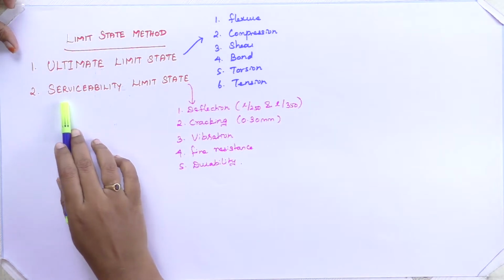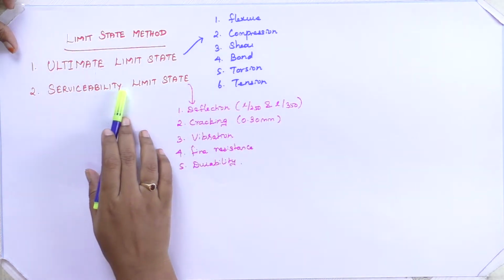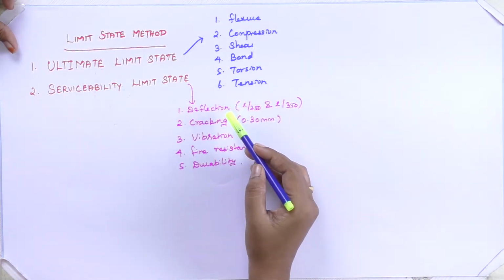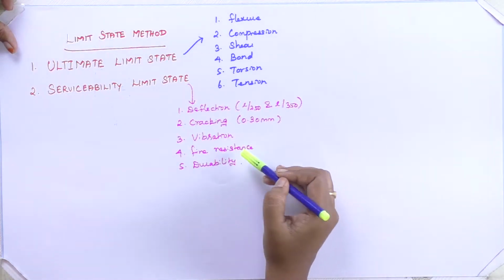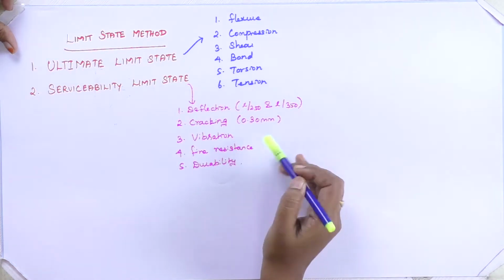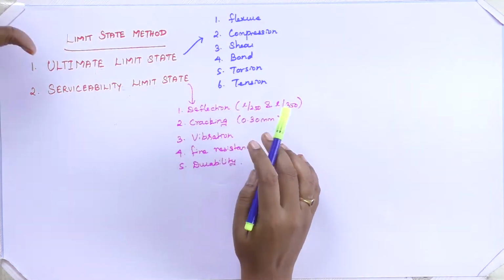Then the second condition is serviceability limit state. It ensures the deflection criteria, cracking, vibration, fire resistance and durability. Deflection is nothing but what happens when a member is subjected to loading.